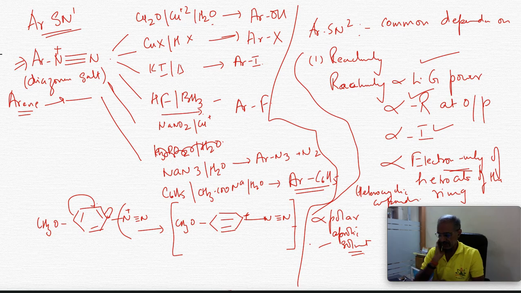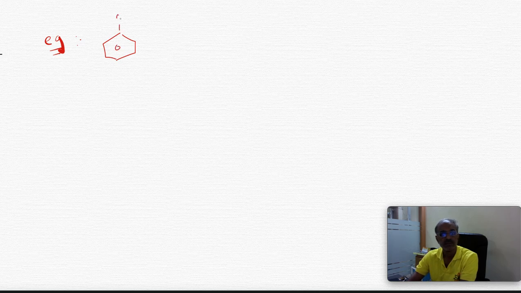Now we'll see a few examples. With ammonia and ethanol, it will give NH2 and NO2.